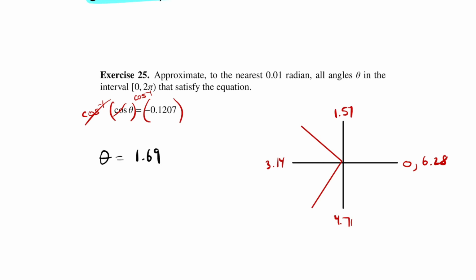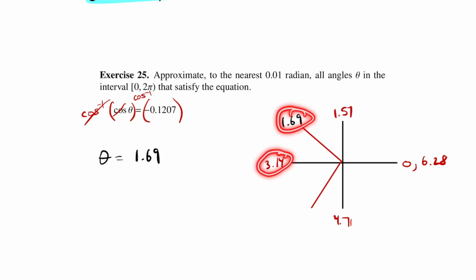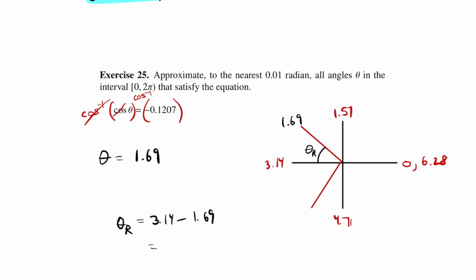Now we got to find this answer. And so once again, our reference angle is going to be this minus this. That's our reference. All right, so our reference is going to be 3.14 minus 1.69, which is 1.45. So in order to get this answer, you have to add 1.45 to 3.14.